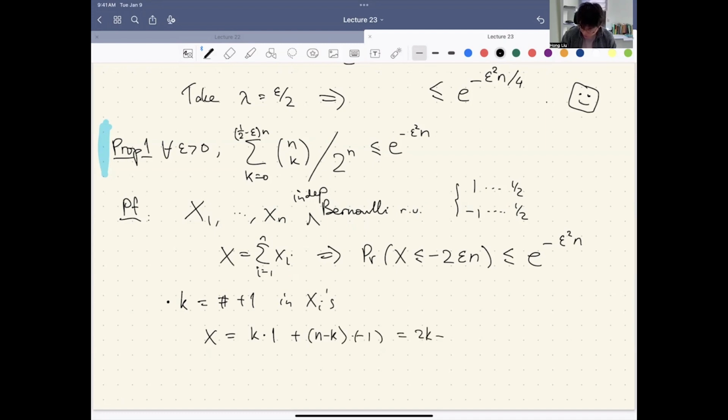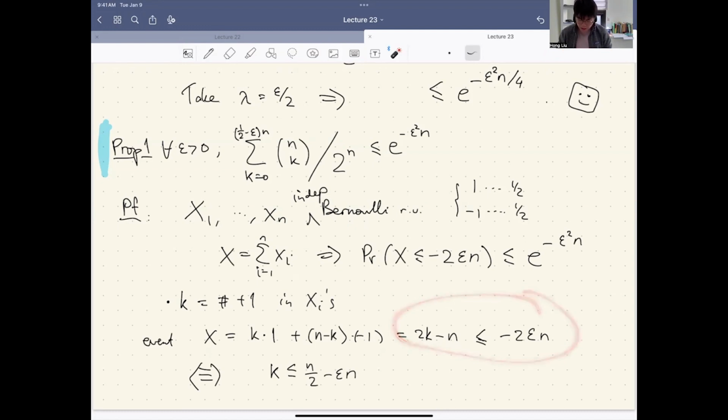Which is 2k minus n. Okay, so this event, x being at most negative 2 epsilon n, is equivalent to k being at most n over 2 minus epsilon n, right? So this is the same as saying among n items, the probability that at most n/2 minus epsilon n of them is plus 1.